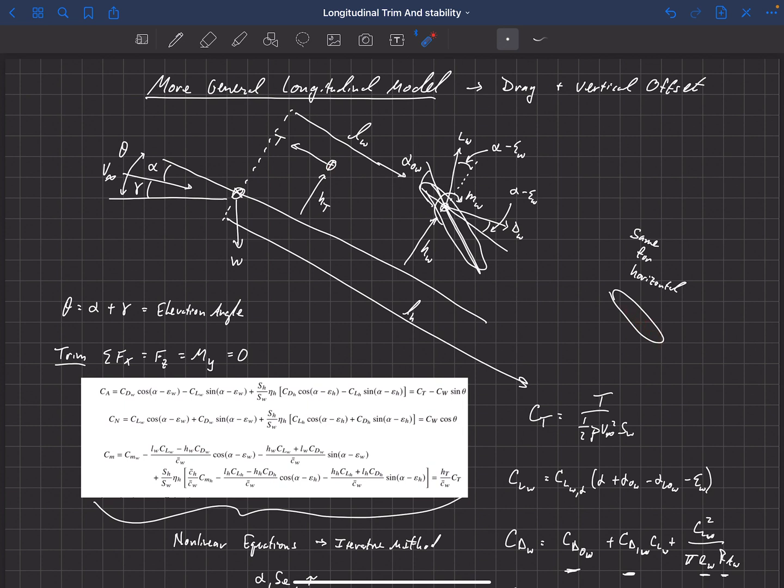And then if we have to do a go around, then suddenly we have to go to full throttle, or ramp up the throttle quickly, which is going to push our nose down. It's going to create a nose down pitching moment. And so at the same time as we're increasing throttle, we've got to be pulling our nose up with the horizontal back here in order to keep that aircraft from just doing a nosedive into the ground. And again, if the engine has any issues, you just have to be able to respond quickly with your horizontal or with your elevator in order to keep the aircraft trimmed.